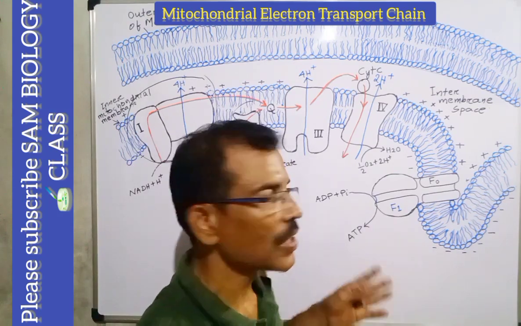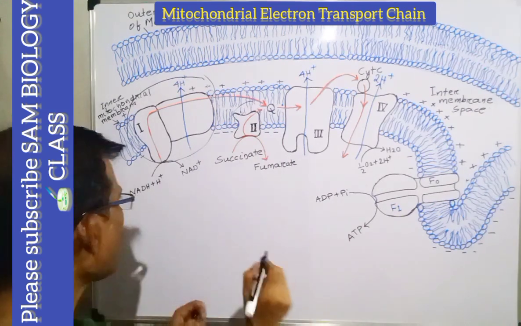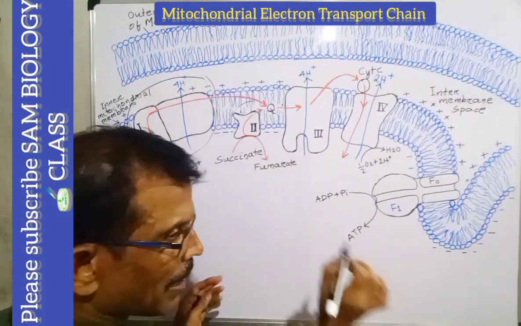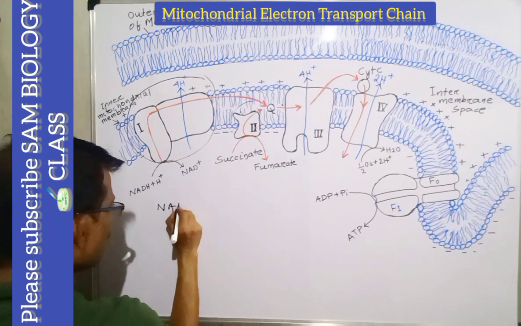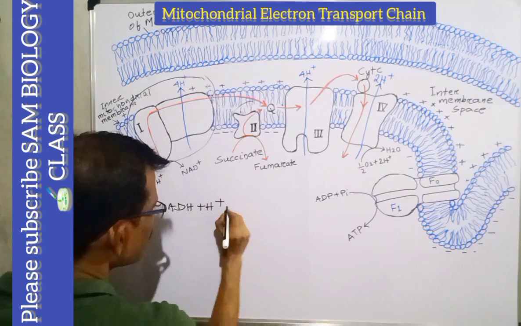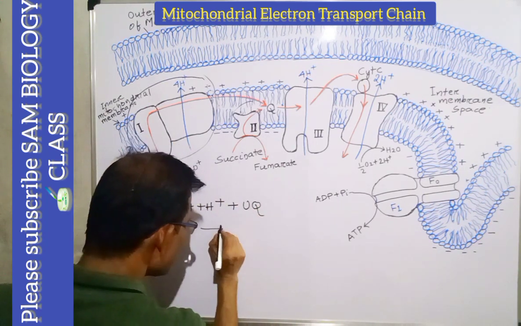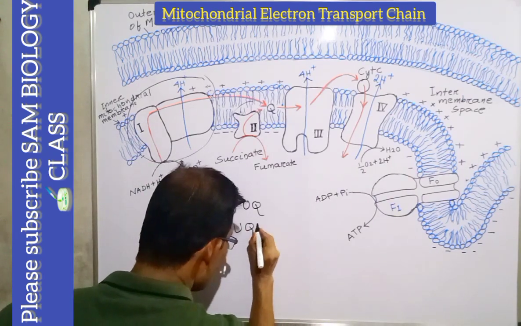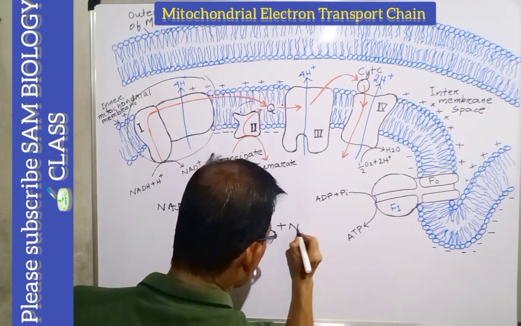First one is the exergonic transfer to ubiquinone of a hydride ion from NADH and a proton from the matrix. So the reaction is like this: NADH plus H+ react with ubiquinone gives rise to the reduced form, that is ubiquinol, plus NAD+.